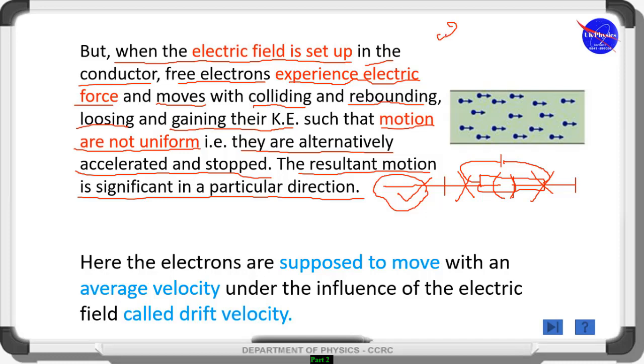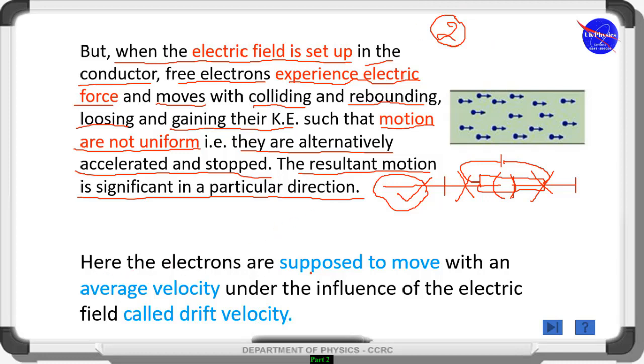First is, if we do not supply an external electric field, there is no flow of electric current. But if we supply an external electric field, then there is a net flow of charge. Alright, so I hope you understand.